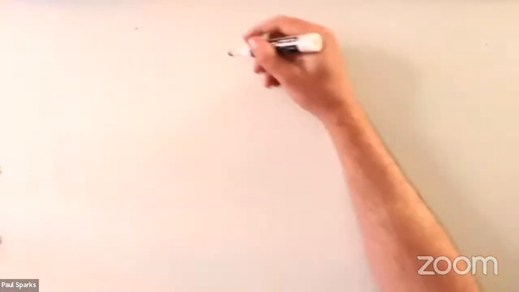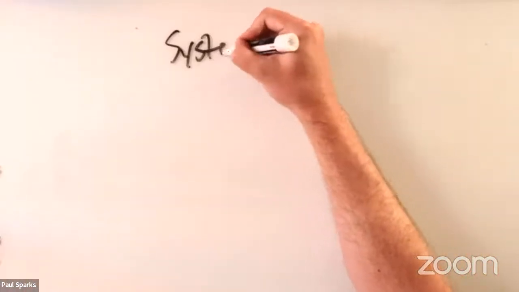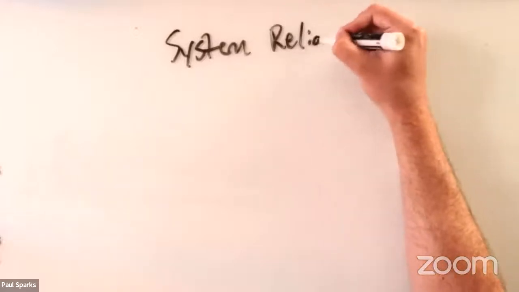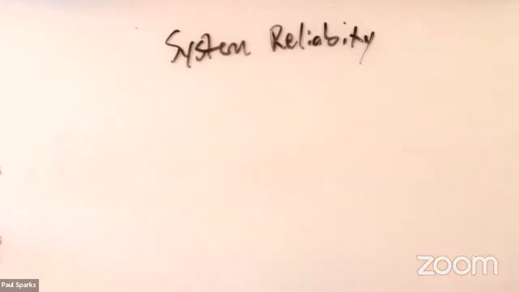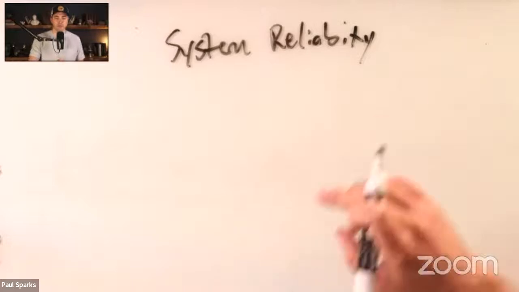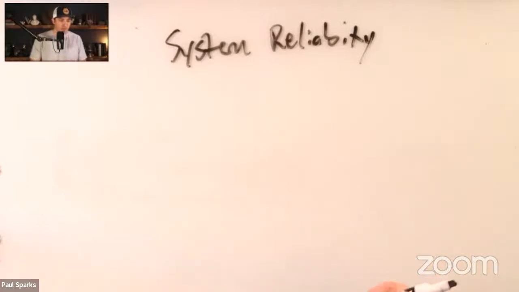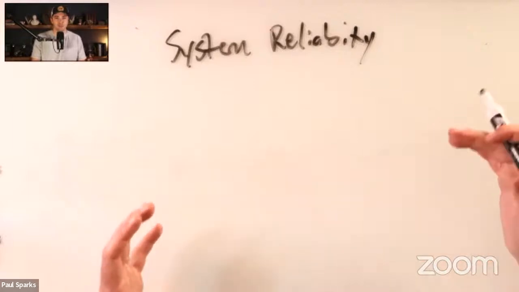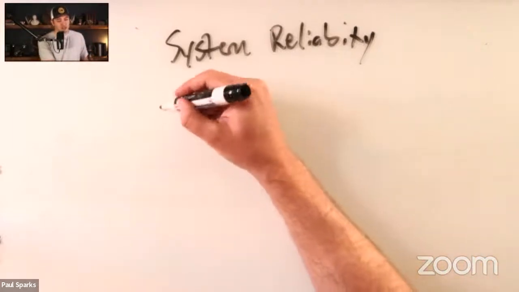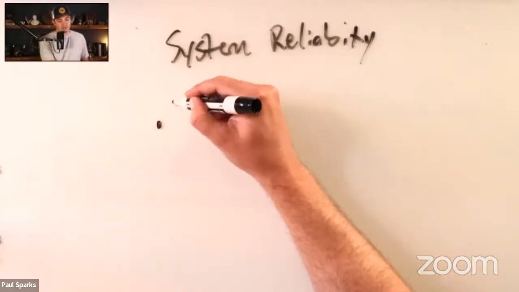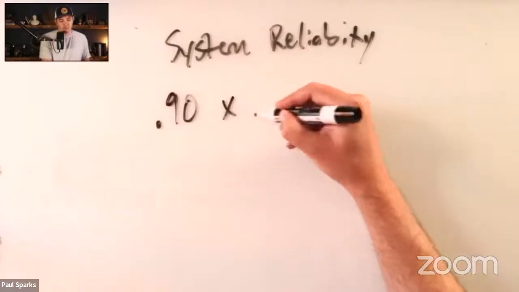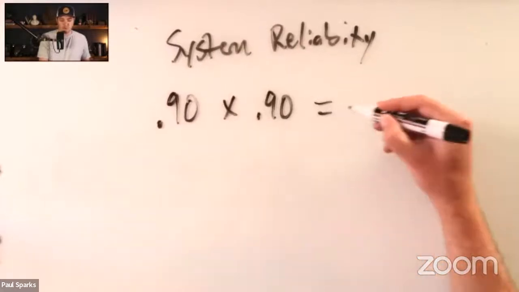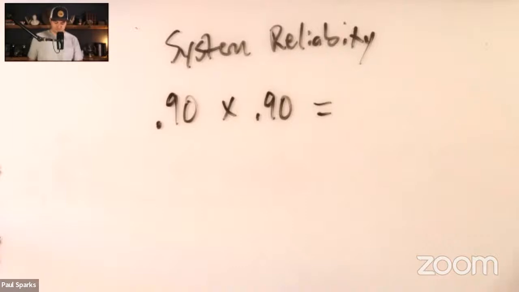So system reliability says that the reliability of a system is the product of the components of the system. So what that means is, let's say you've got two things that need to go right, because system reliability is always less than 100%, less than 1.